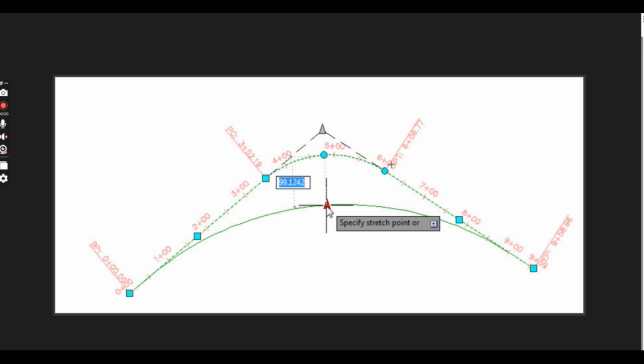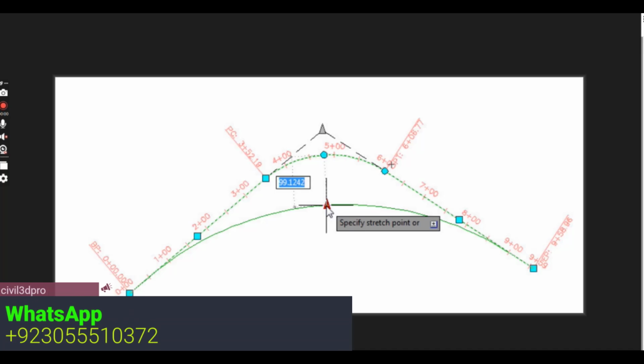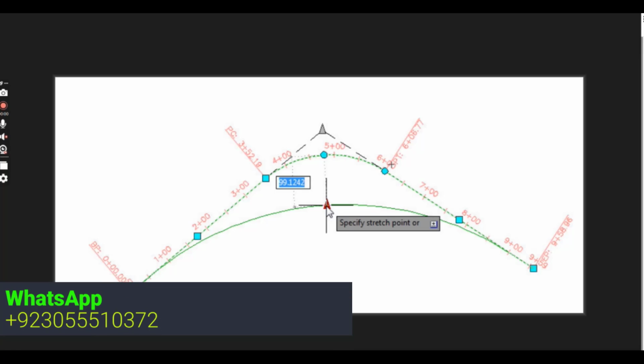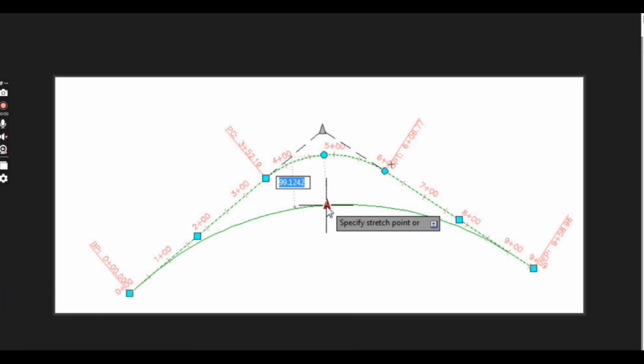Free segments maintain tangency to the segments that come before and after them and move as required to make that happen. Although some geometry constraints can be put in place, these constraints can be edited and are user dependent.